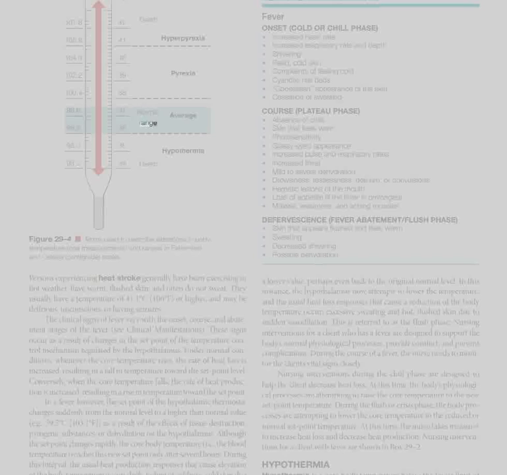Normal range. Death. Average. Pyrexia. Hyperpyrexia. Hypothermia. Figure 29-4: Terms used to describe alterations in body temperature, oral measurements, and ranges in Fahrenheit and Celsius (centigrade) scales. Clinical manifestations.